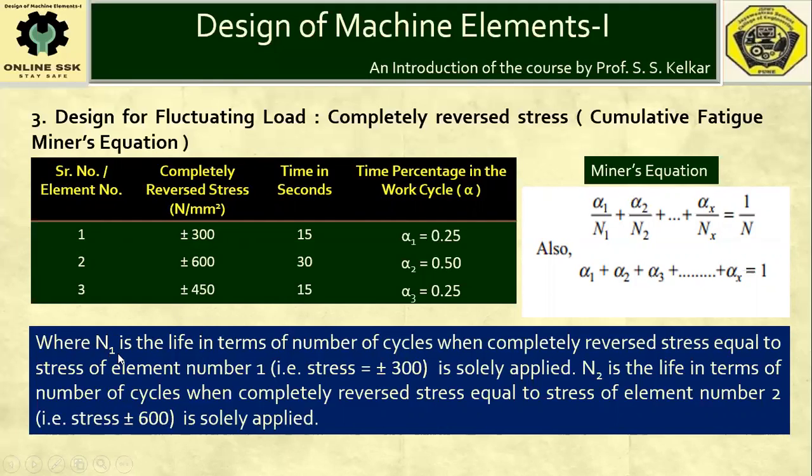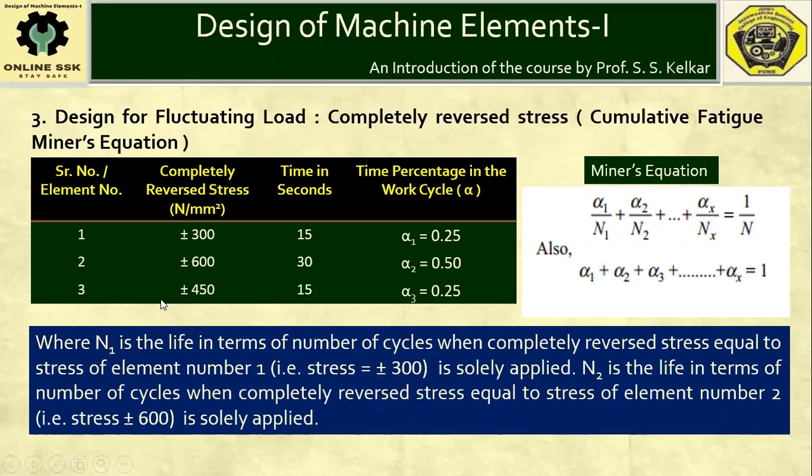That will be indicated by n1. Suppose this plus minus 300 stress is not varying to 600 during element number 2, and not varying to plus minus 450 during element number 3. It remains constant. Then what will be the life of the machine part? That will be indicated by n1.